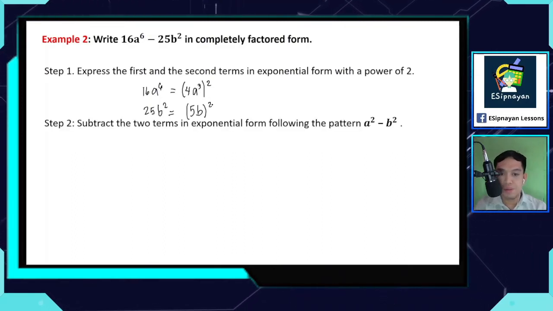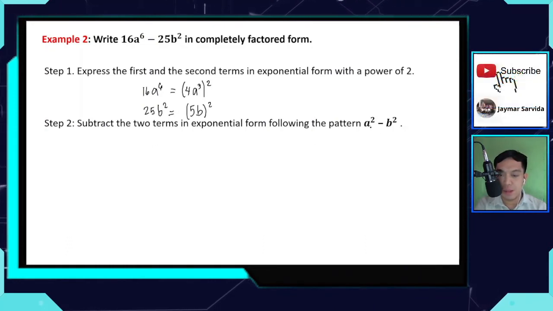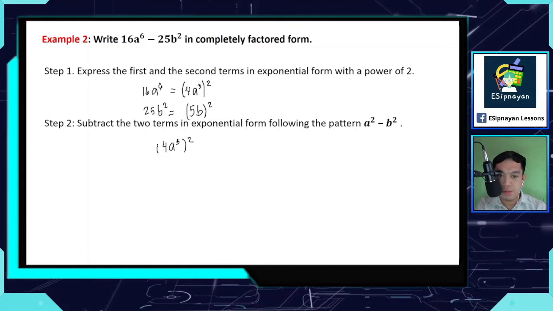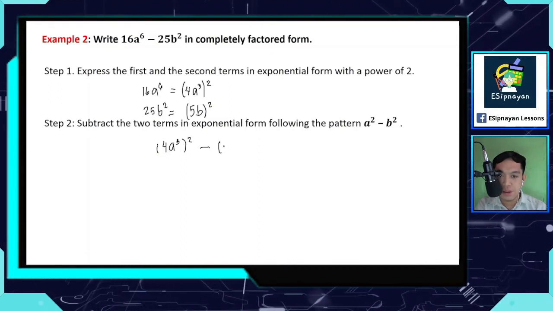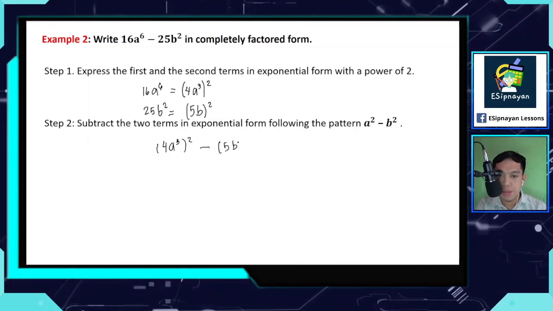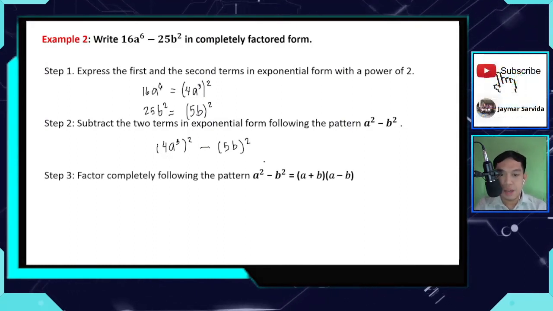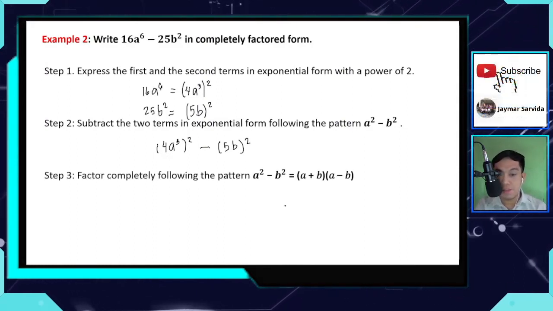Then step 2, subtract the two terms in exponential form following the pattern a squared minus b squared. So quantity of 4a cube raised to 2 minus quantity of 5b squared. Then step 3, factor completely following the pattern.